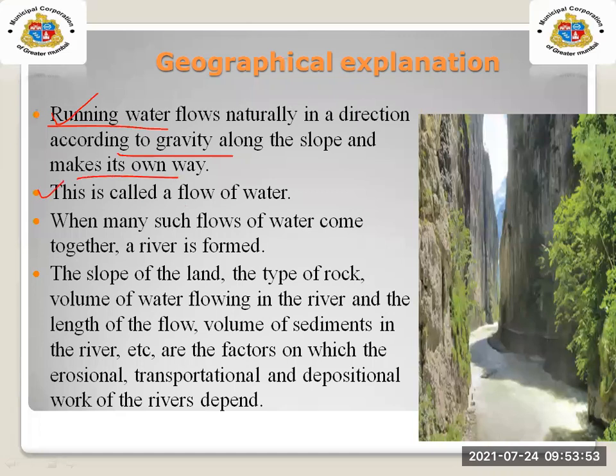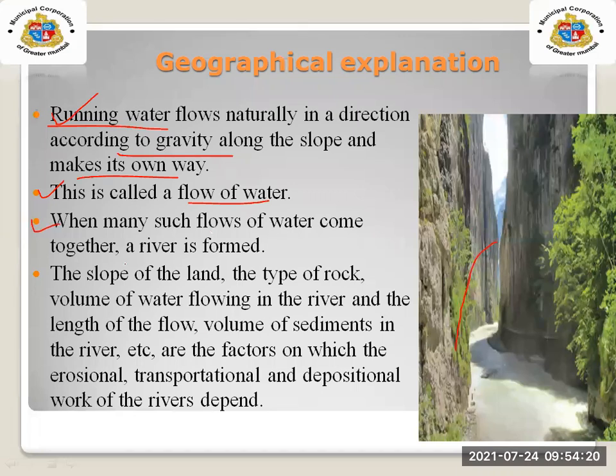This is called a flow of water. Naturally the water of the river flows according to the gravity and also along the slope, and it makes its own waves.